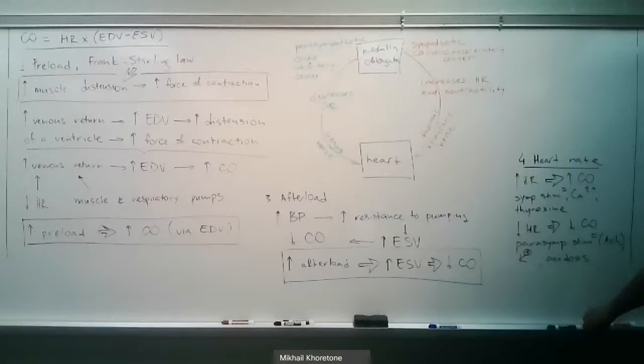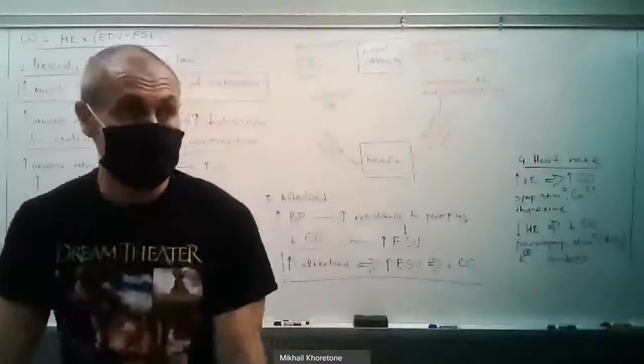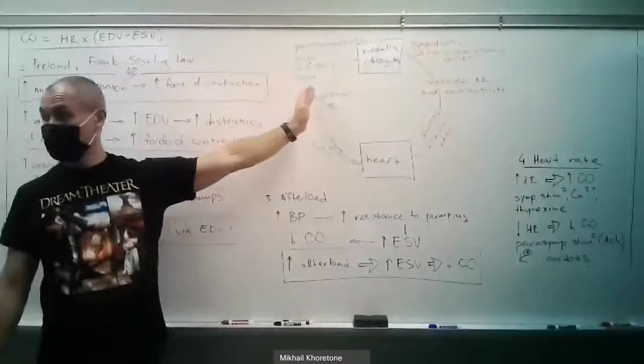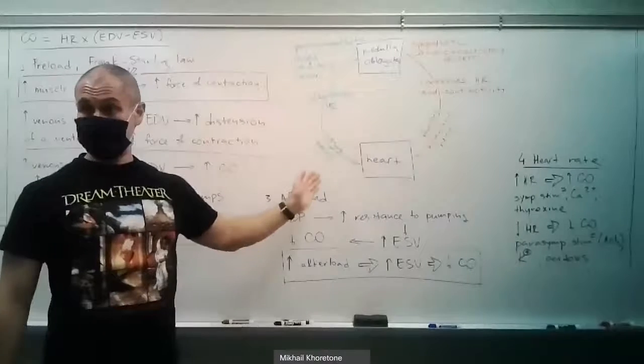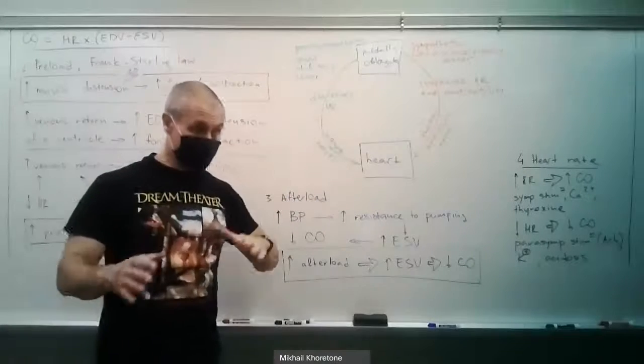So if you are at rest, cardio inhibitory center is in charge. Does that make sense? It slows down your heart. When you start exercising first, that decrease in heart rate that's produced by cardio inhibitory center goes away.